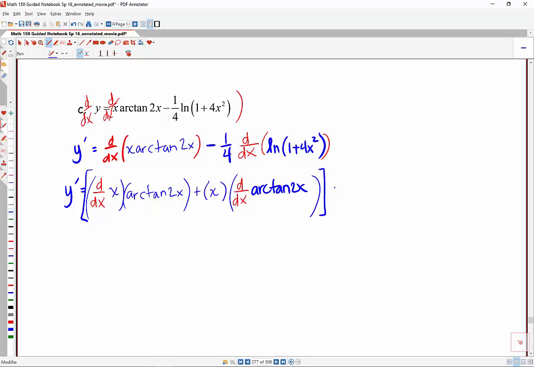Remember, we're going to do the derivative with respect to x of what's inside the log, which was 1 plus 4x squared, over 1 plus 4x squared. That's the result for this one. So this whole derivative here is this so far.